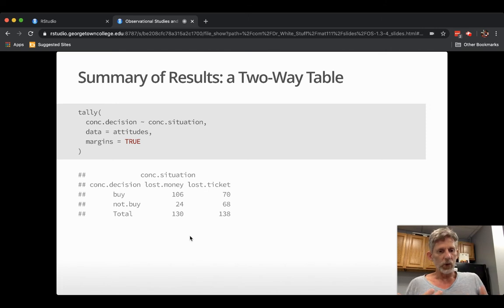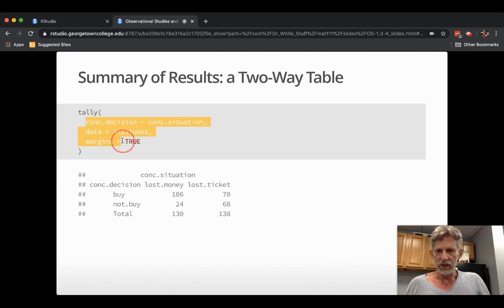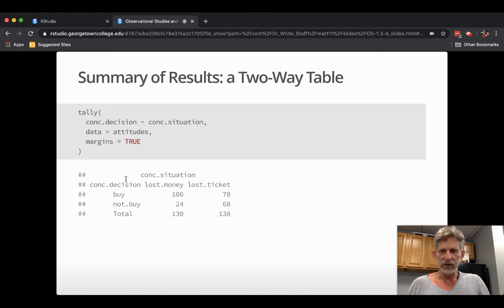And so in some R code that you'll learn more about in a subsequent chapter, you can use the tally function. You run this code, you'll get this in the console.